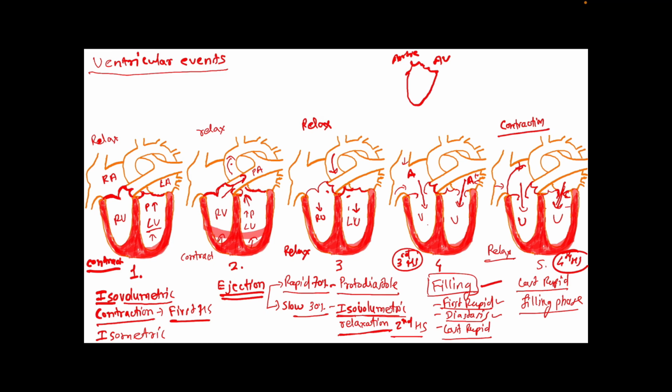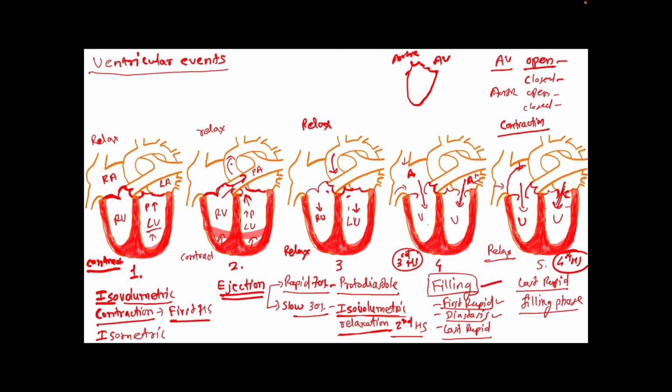Means first this AV valve opens, then it gets closed. Then this aortic valve opens and it gets closed. So this is the sequence: open, close, open, close, and in between there are these various phases.